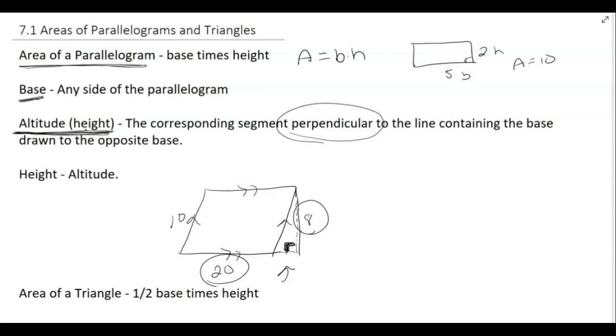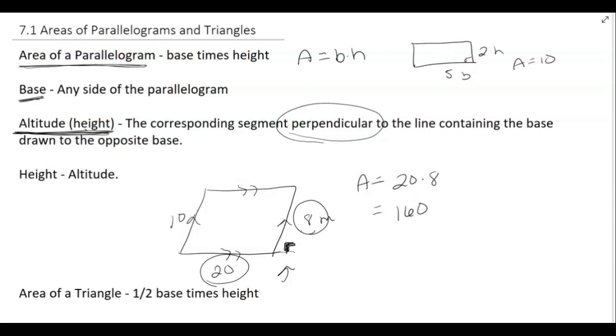I need these segments to come together to form the perpendicular in order to find the base and the height. So for this, the area would be 20 times 8, which would be 160.